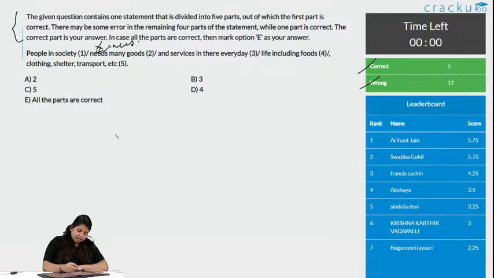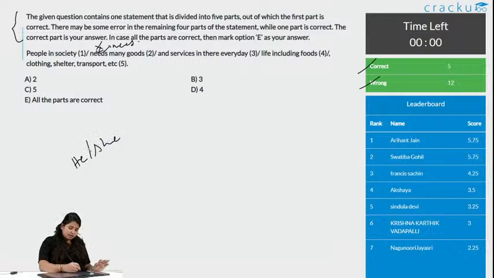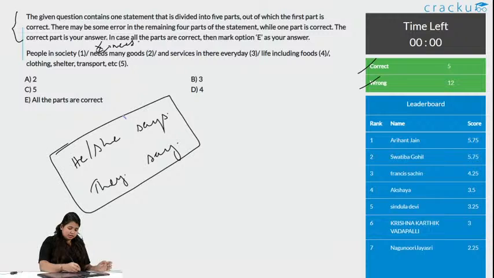Why? Like he says, they say. When we use a singular, that is he or she, the other part will be says. When it is collective plural, then the other part will be say. Remember this?